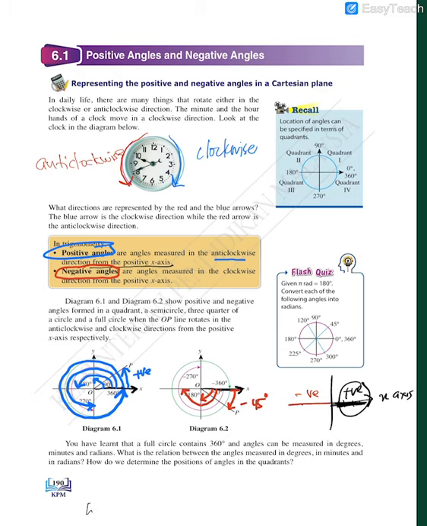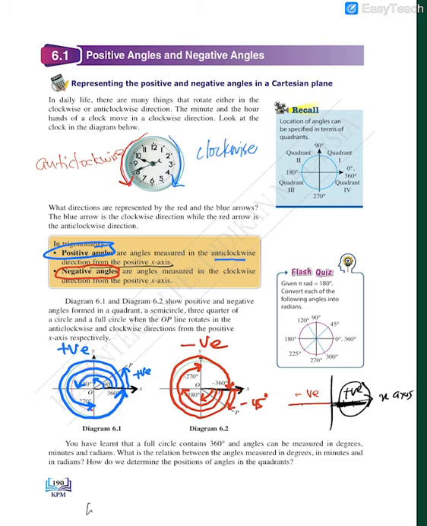This is negative 180 degree. This is negative 270 degree. And the last one, if I turn a whole circle, this is a negative 360 degree. So do you understand how to read the negative angle and how to read the positive angle? Okay. So what we have more?